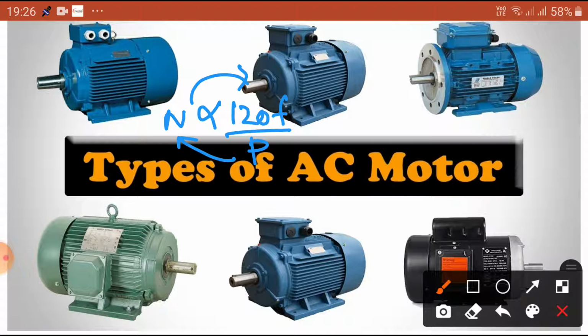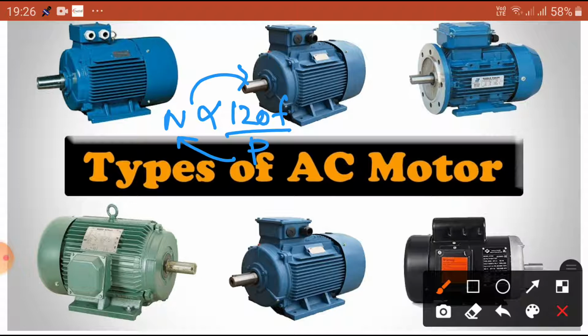Hence, we are studying different types of AC motors, whether single phase motors, capacitor start motors, split phase motors, shaded pole motors, etc. And coming to the three phase motors, they may be induction motors, squirrel cage induction motors, slip ring induction motors, and also synchronous motors.